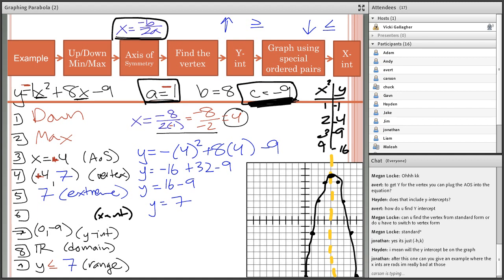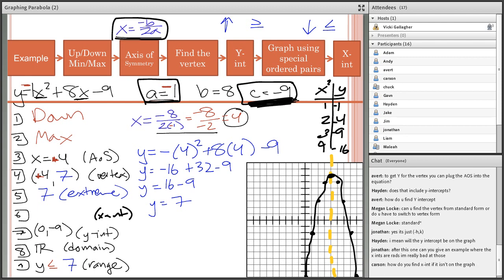This one is a perfect example. If you look at my graph, the x-axis is right here, and I did not draw dots on the x-axis, but my graph goes through the x-axis somewhere between 1 and 2.